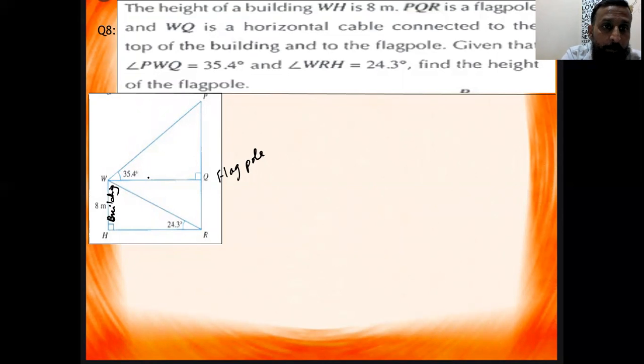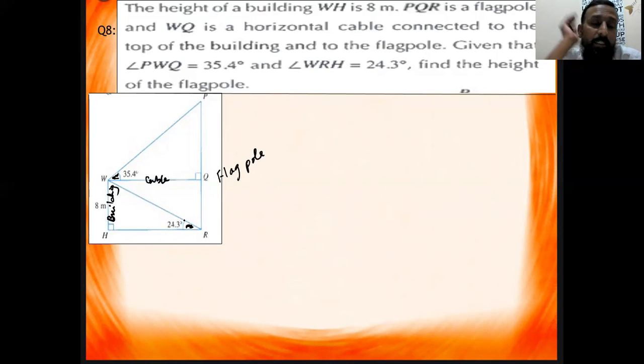This is the cable, boys and girls, a cable wire that is connected between the pole and the top of the building. Given that PWQ is 35.4 degrees, you can see it, it's here. And WRH is 24.3 degrees, it's here, boys and girls. Find the height of the flagpole. Now, boys and girls, the height of the flagpole is this vertical length RP or PR.